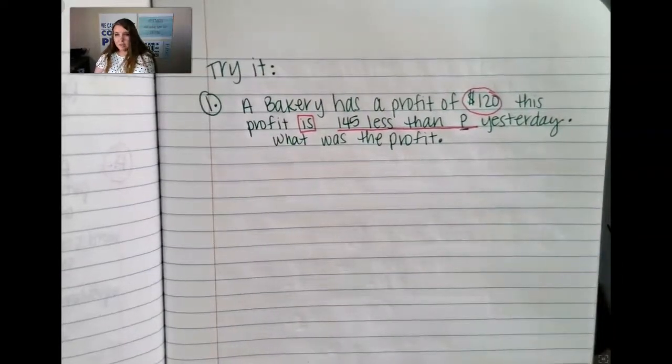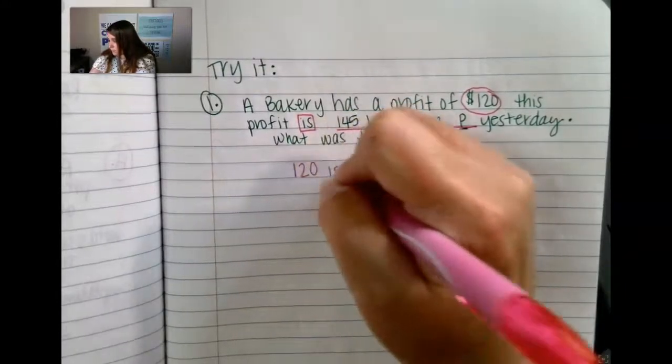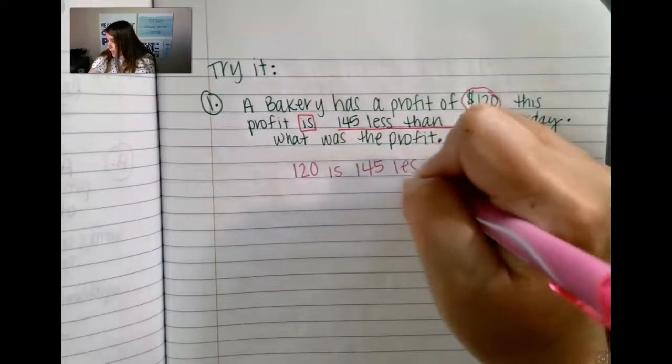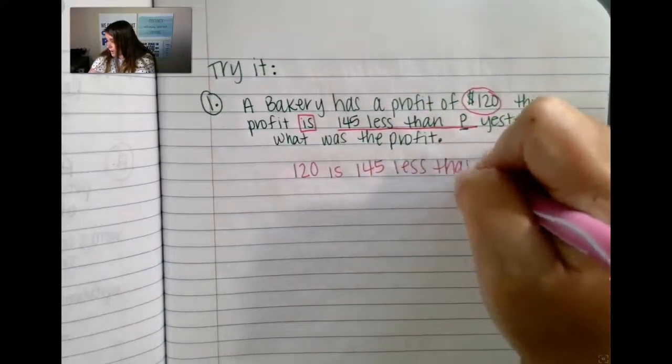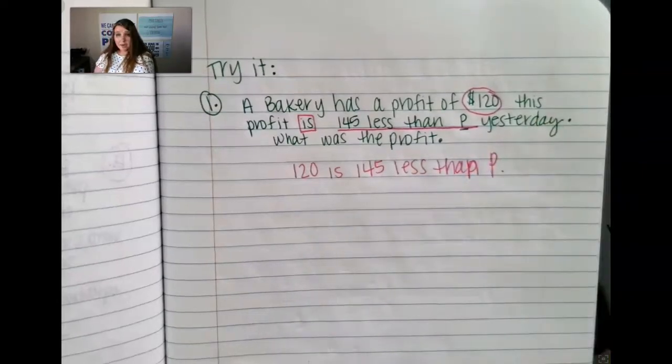We don't need all the extra. So when we write this, we write 120 is 145 less than, that is a than, P. Okay, that's our word sentence.